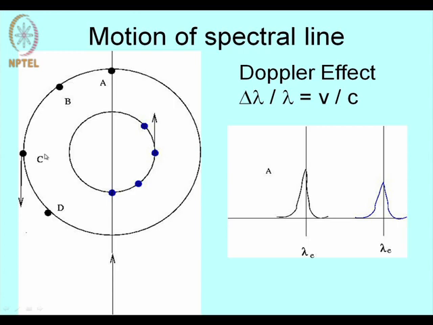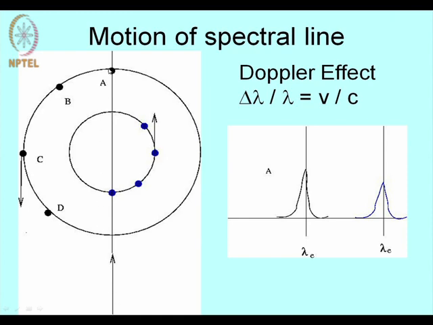So, you have these two stars going around in circular orbit around the common center of mass over here, and the black object is less massive, the blue object is more massive, and they are both doing circular orbits, and we start from the position A where one of the objects is here and the other object is over here, and the orbit is circular. And the observer is located in this direction.